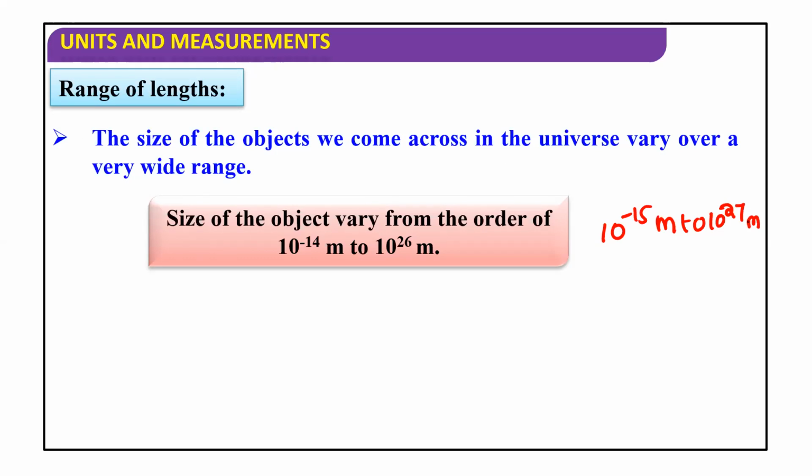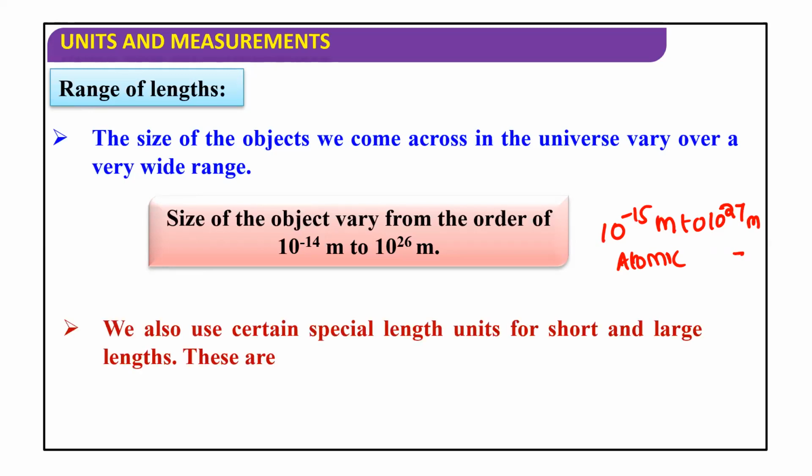That means from the atomic dimension to intergalactic distances. According to our convenience, we use particular units to measure that distance. Clear up to this?